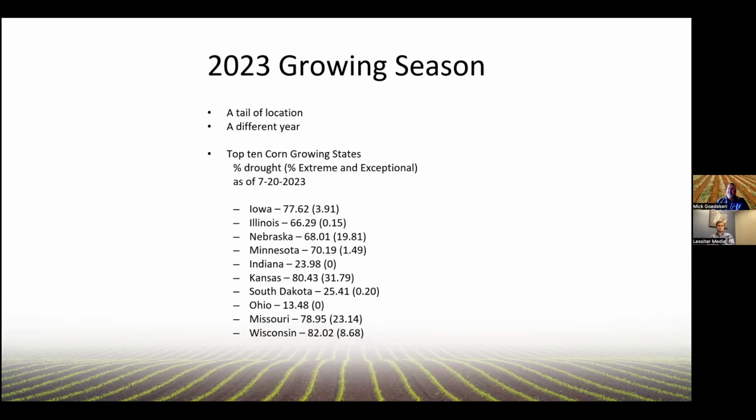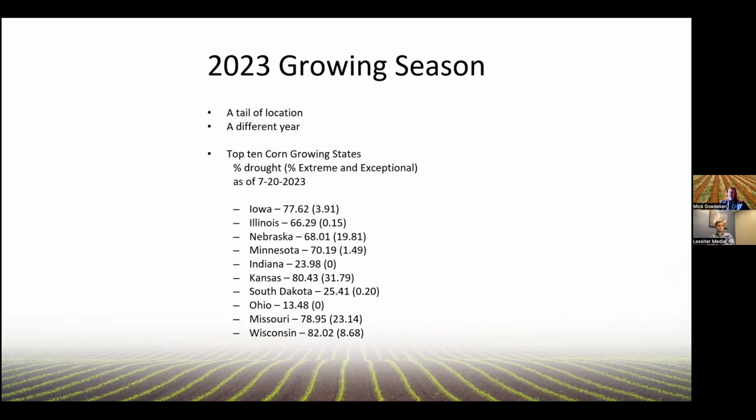So this was as of 7/20, so we're talking a week and a half ago. Iowa, so 77% of the state of Iowa is experiencing some form of drought, not just exceptionally dry, a true drought up to exceptional drought. Now, 3.9% of that state has extreme or exceptional drought.